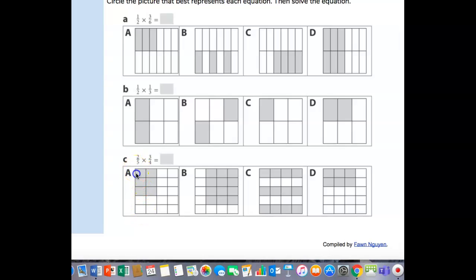So if we highlight 2/5, 2 of these rows, and then we highlight 3/4, 1, 2, 3. Here's 4, so 3 of those. Okay, so 3/4.